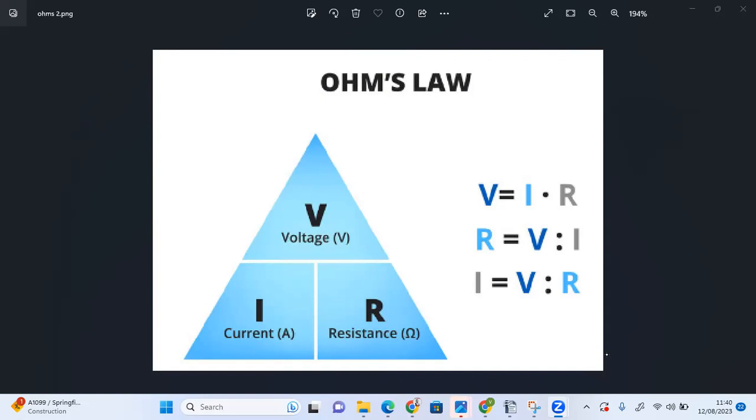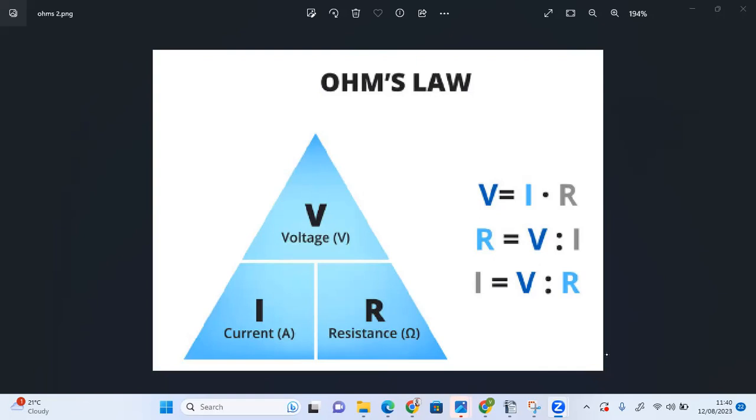And this man, after running a series of experiments, was able to come up with a relationship between the current I, the voltage V, and resistance R. In layman terms, he defined Ohm's law as the current is directly proportional to the voltage and inversely proportional to the resistance. Scientifically, this was how he defined Ohm's law.